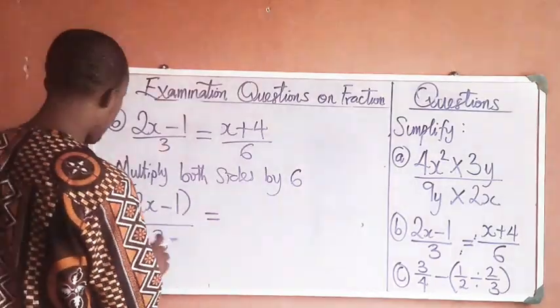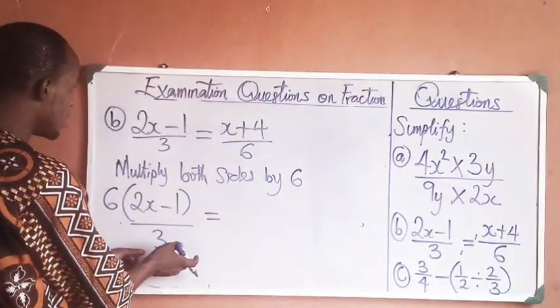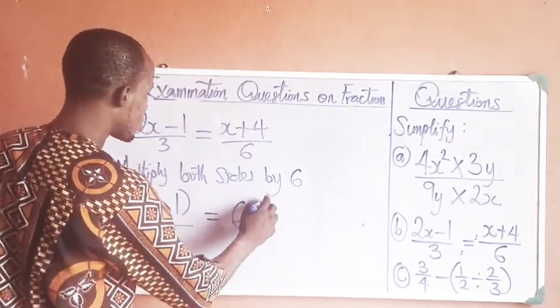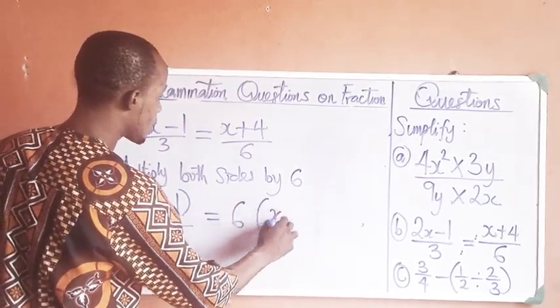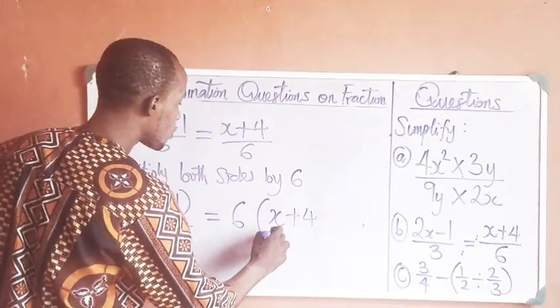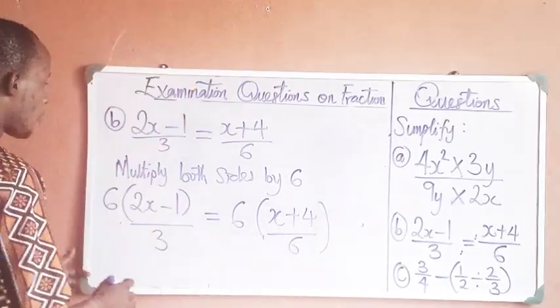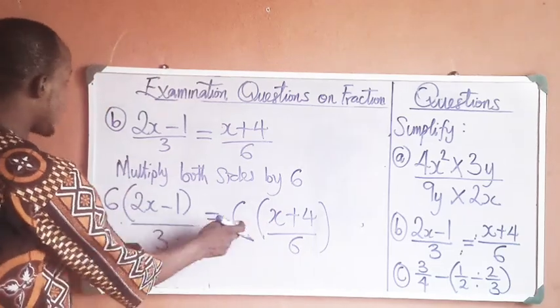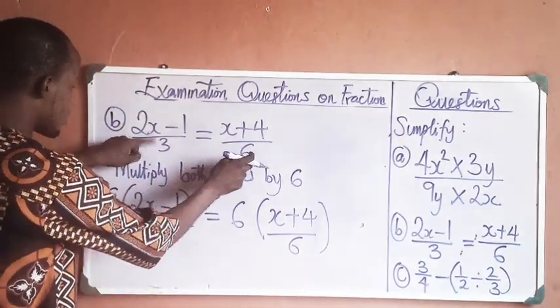This means that I'm multiplying 6 by this side of the equation, and then 6 also multiplied by x plus 4 all over 6. So by this, I have multiplied both sides of the equation by the LCM of 3 and 6.